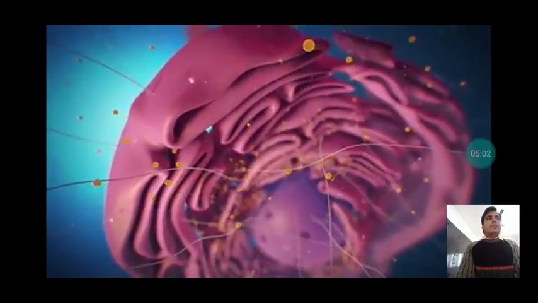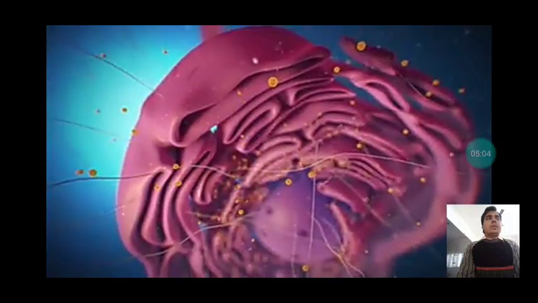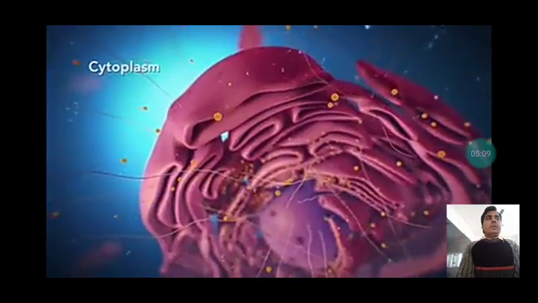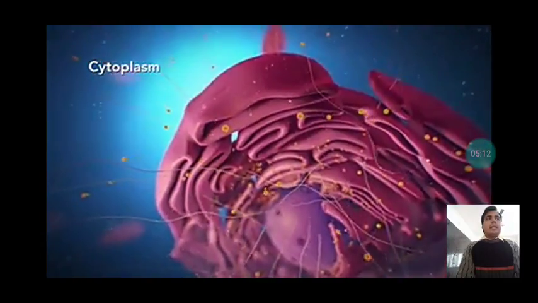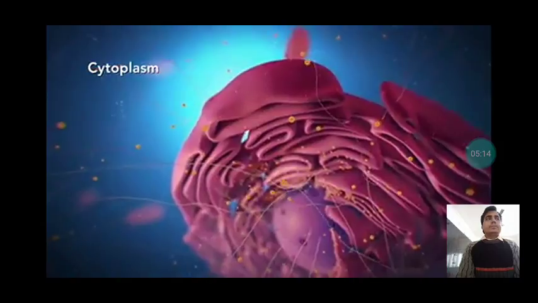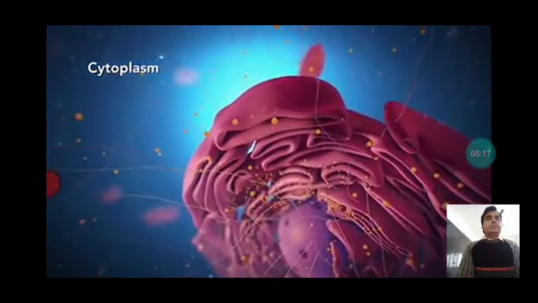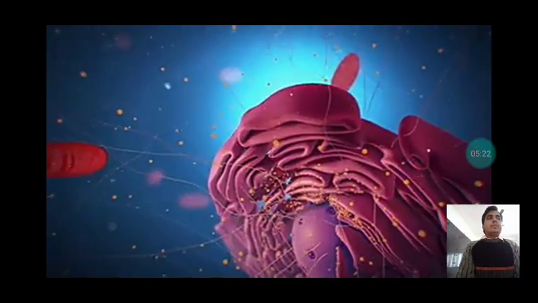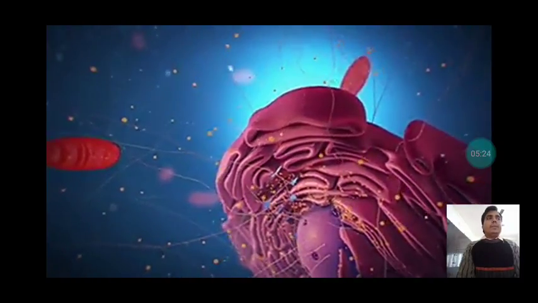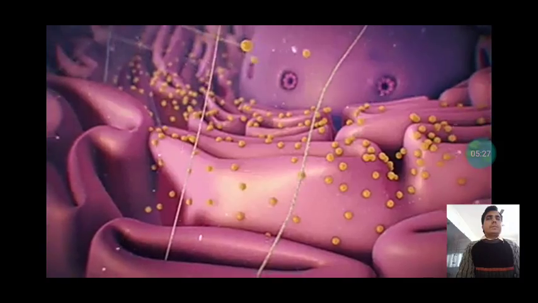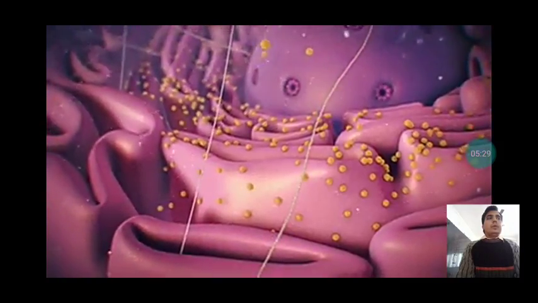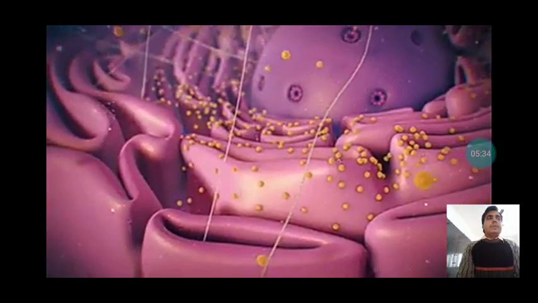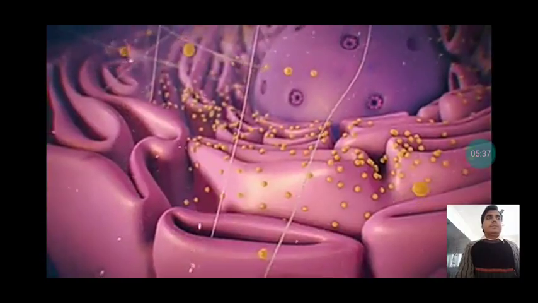Outside the nucleus, the ribosomes and the rest of the cell organelles float around in the cytoplasm, which is a jelly-like substance. Ribosomes may wander freely within the cytoplasm or attach to the endoplasmic reticulum, sometimes abbreviated as ER.